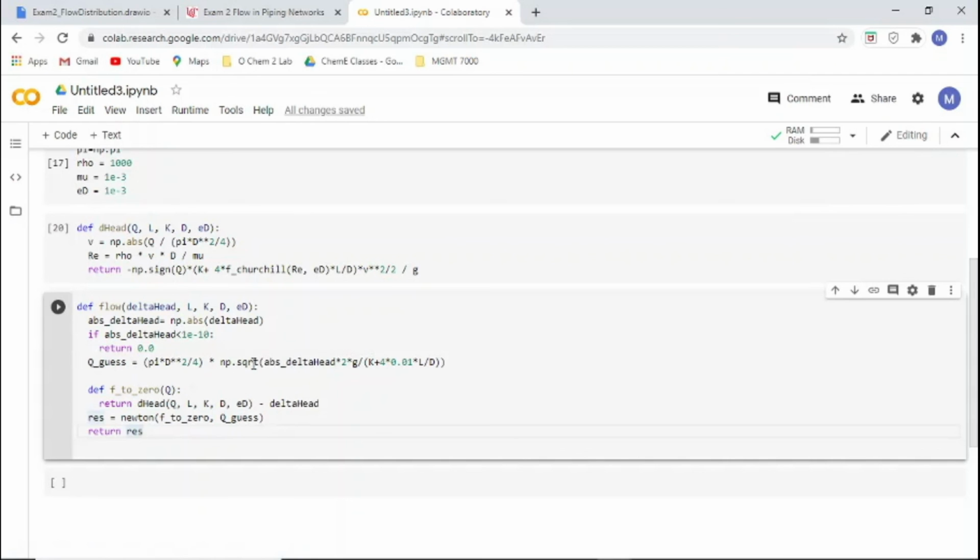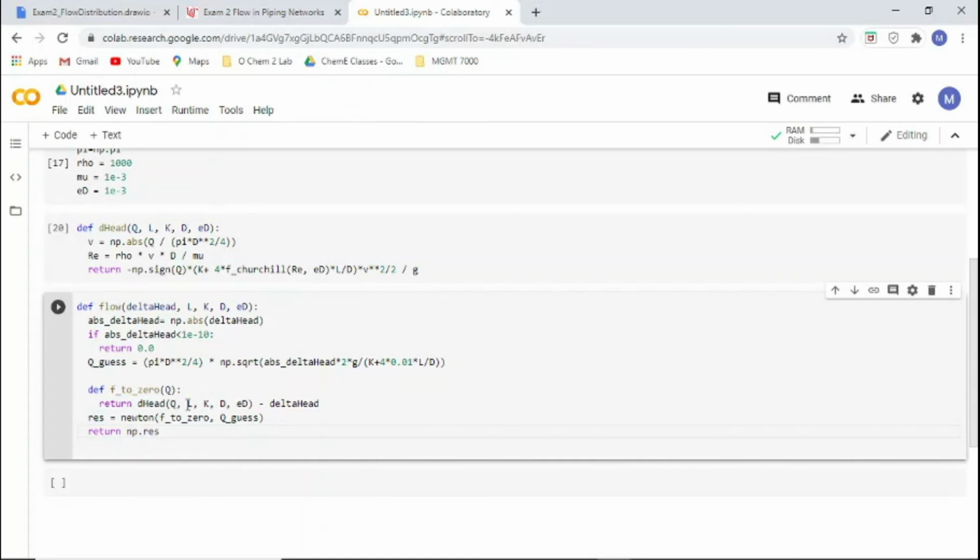So because we have that square root here and we had to take the absolute value of the delta head, we're doing all the calculations assuming that value is positive to avoid any errors, but since our delta head can be negative, what we need to do is multiply our final result by the sign of delta head in case it is negative.